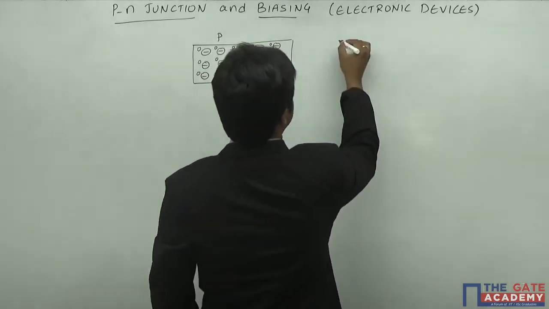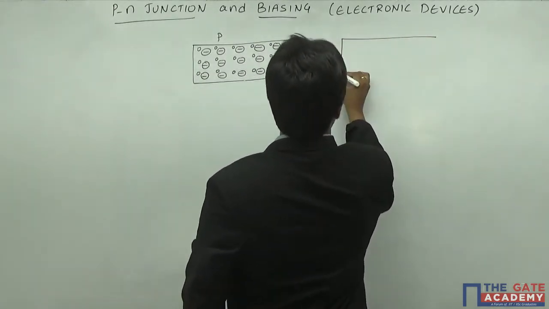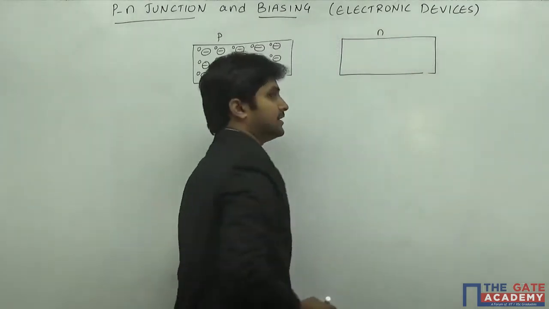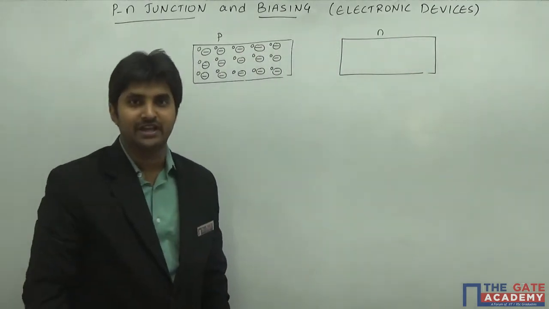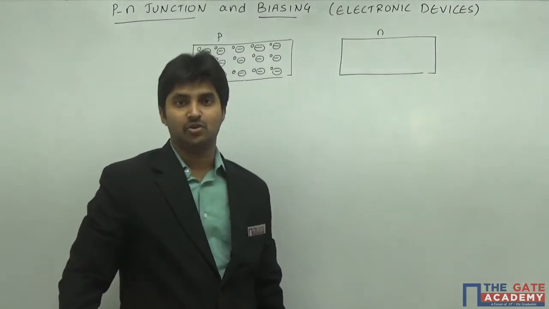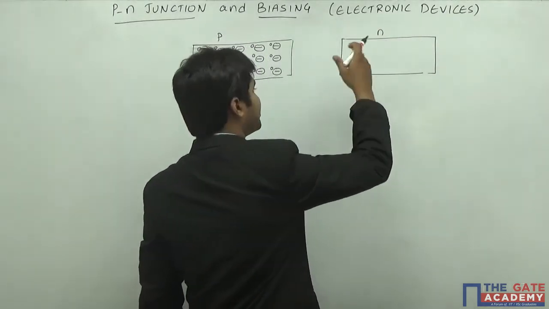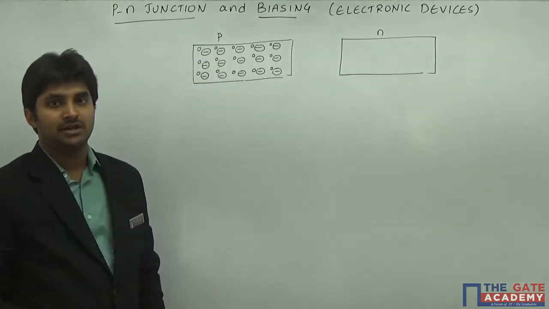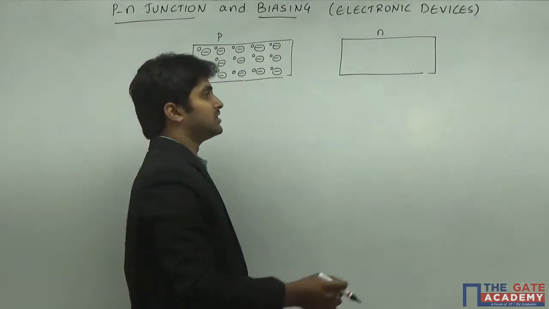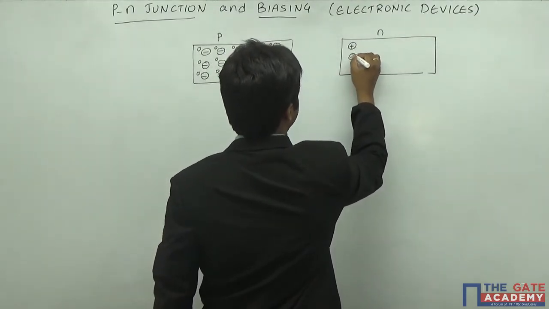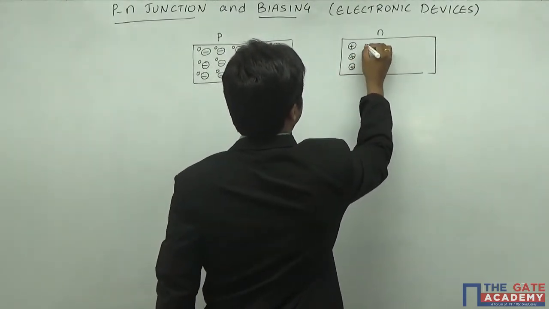Similarly, an n-type semiconductor can be represented. We know in the case of an n-type semiconductor, electrons are the majority carriers and holes are the minority carriers. So we represent the n-type semiconductor with electrons as the majority and holes as the minority, and of course we represent the donor ions, which we know from the last video are positive ions.